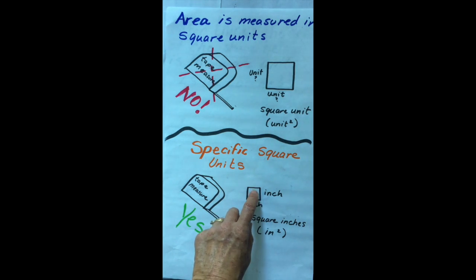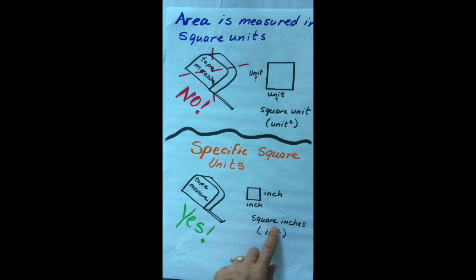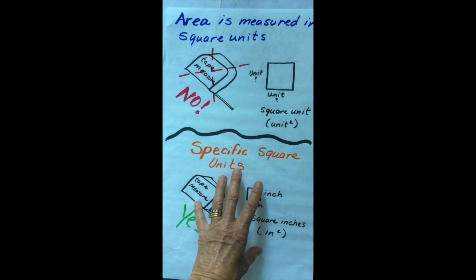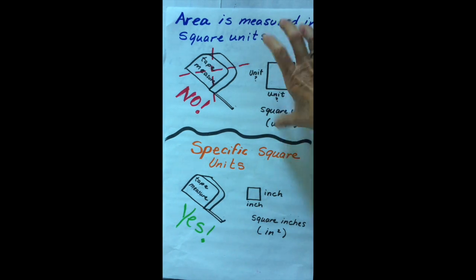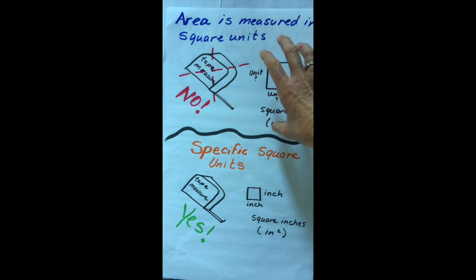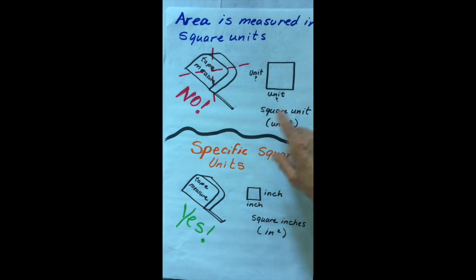So this square is measured in square inches, and you can represent that with the abbreviation in with a 2. Remember, the 2 just means squared. So this is specific, like what the actual measurements are. And this one, you don't really know what the measurements are, you just know you will be counting square units.